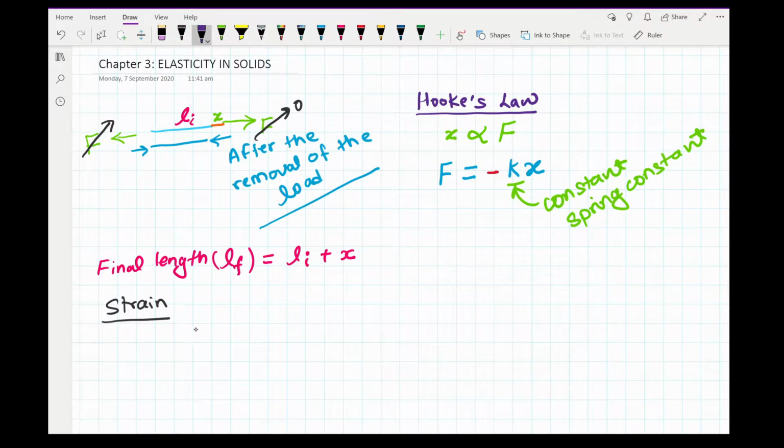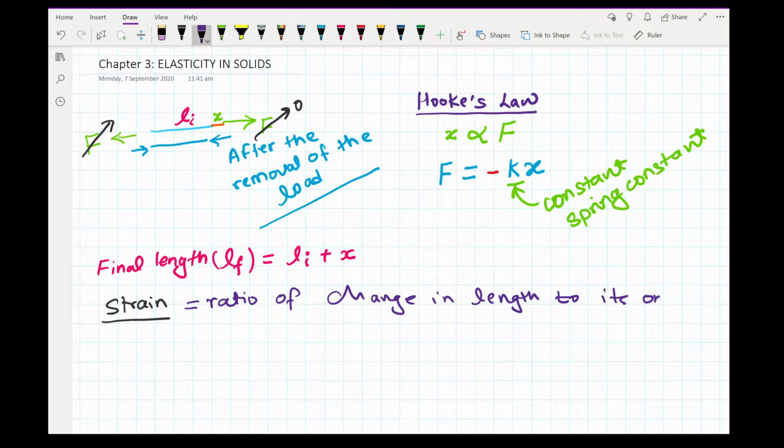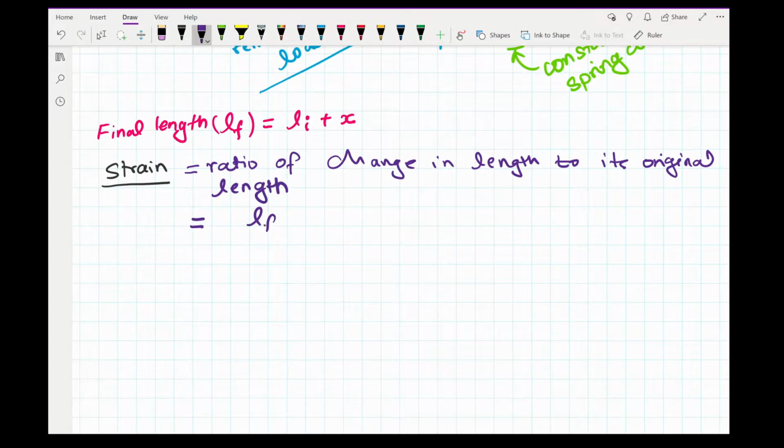Strain is basically the ratio of change in length to its original length: LF minus Li, final length minus initial length, divided by initial length. Now this value here is our extension x and this is our initial length. Strain is generally denoted by epsilon.